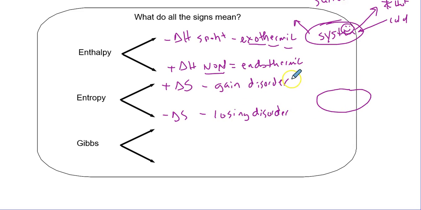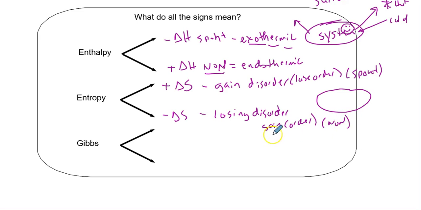Gain disorder, or you are losing order, gaining order. And you can think of it as movement as well. So to gain disorder happens all by itself. So this is going to be a spontaneous process, and this one is non-spontaneous.